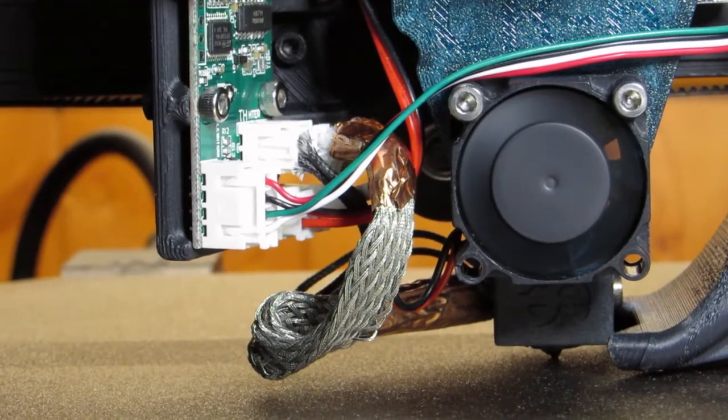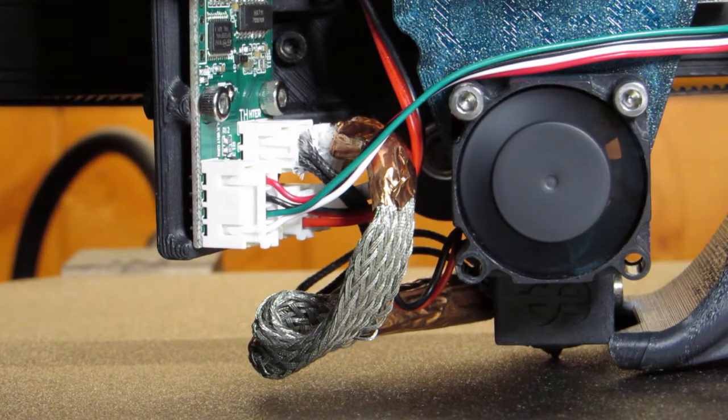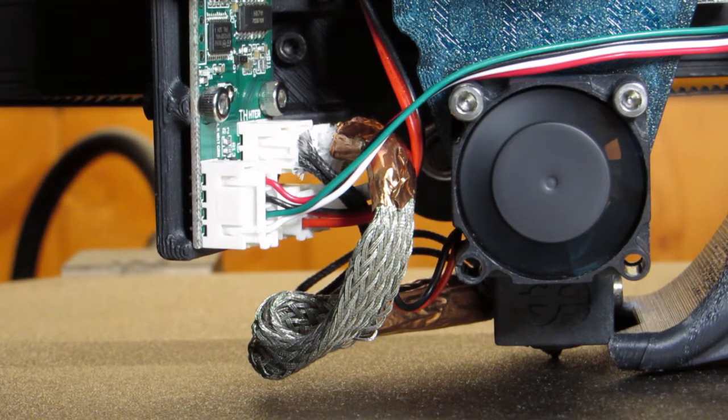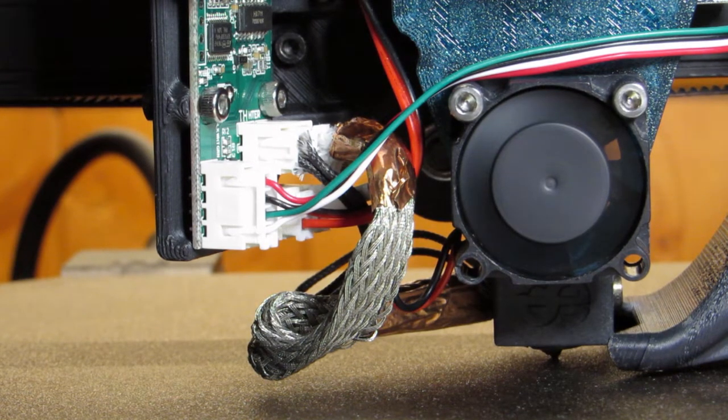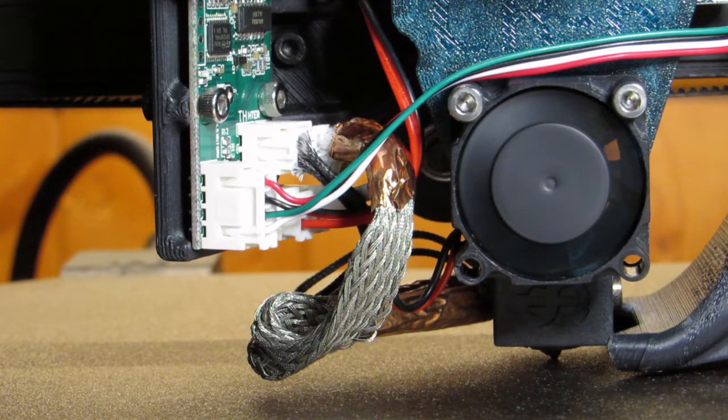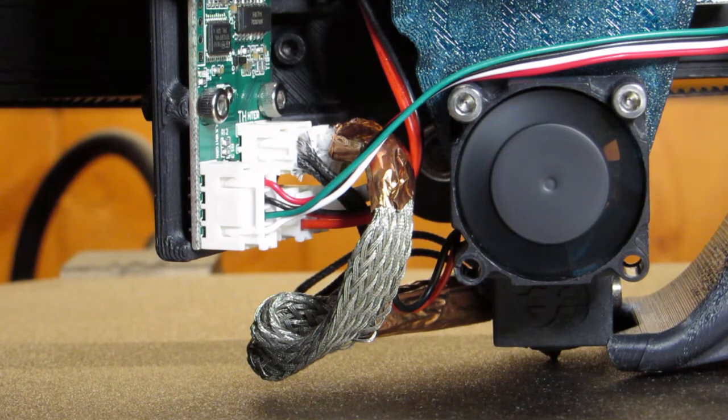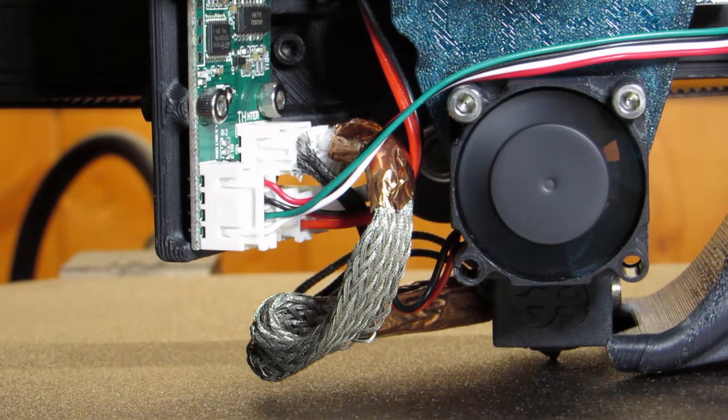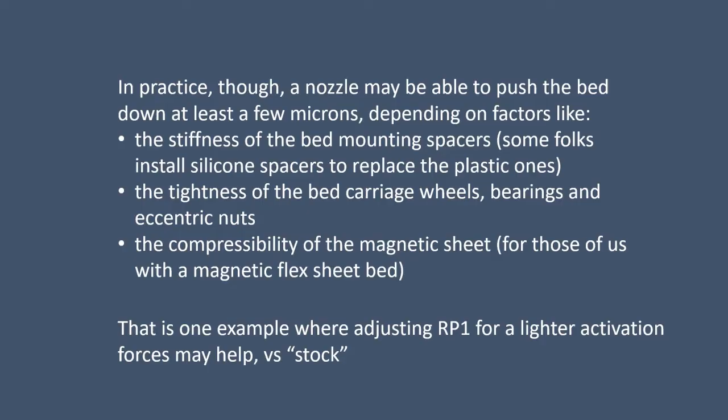Yes? As soon as you push the nozzle into the bed surface, because it's mounted on that diving board of a bracket, the diving board bends up because the nozzle, in theory, can't push the bed down, but the bed can push the nozzle up.